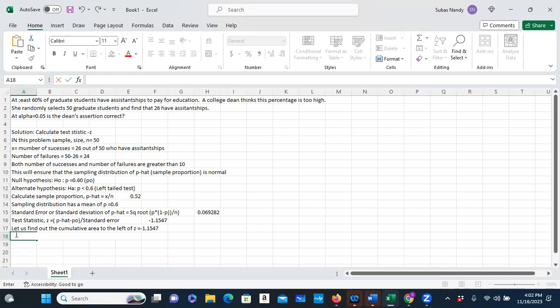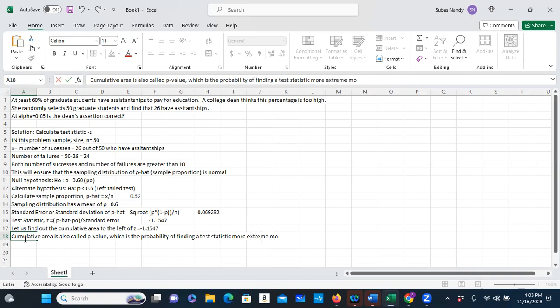The cumulative area is also called the p-value, which is the probability of finding a test statistic more extreme than what we have calculated.